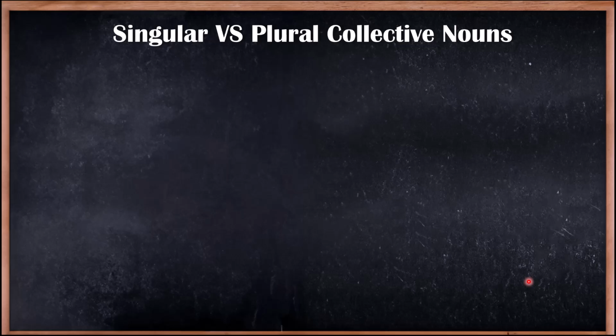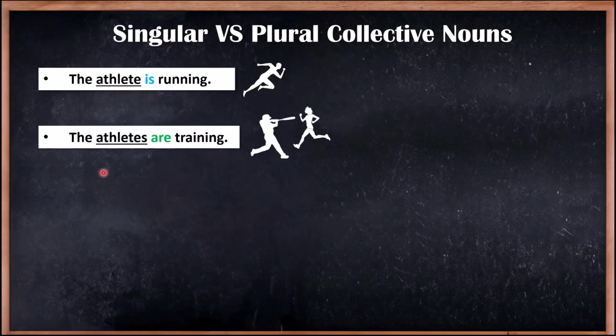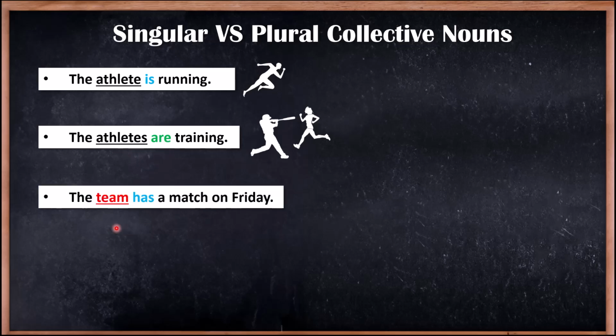So let's talk a bit about singular versus plural collective nouns. Here's a normal noun. The athlete is running. We have a singular noun, so we use a singular verb. The athletes are training. Here we have a plural noun, so we use the plural form of the verb to be. Now here we have a collective noun.